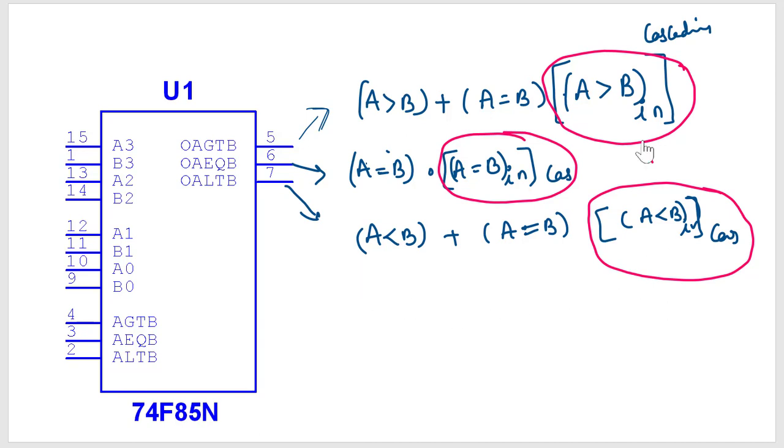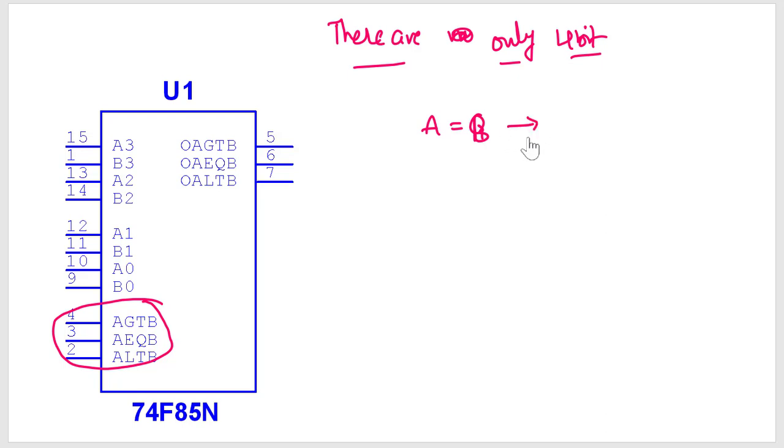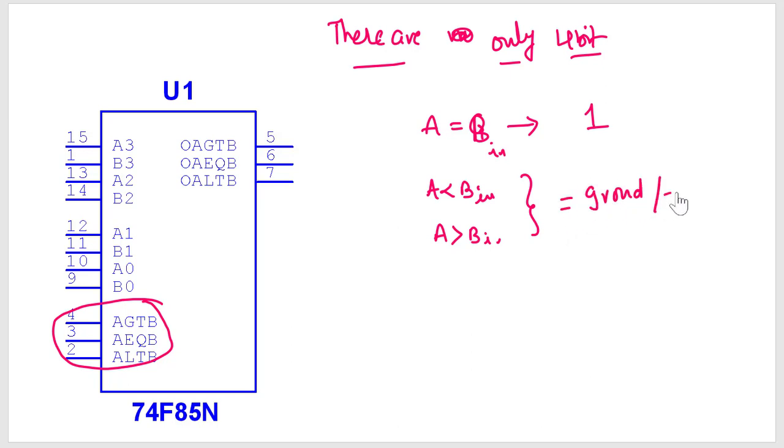Now let us see how this expression is going to affect our result. Suppose let us assume there is only a 4-bit comparison. In this case, how are we going to take the cascading inputs for this 4-bit comparator? When you have only 4 bits, we make A equals to B in 1, and A less than B in and A greater than B in we connect to the ground, or you can call it 0.